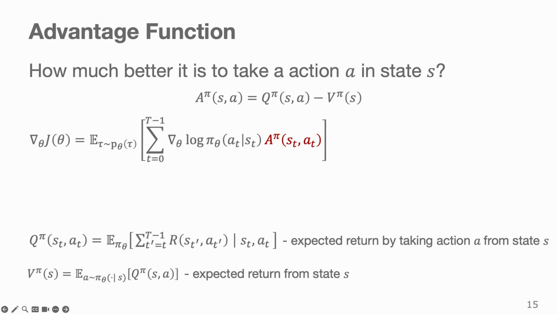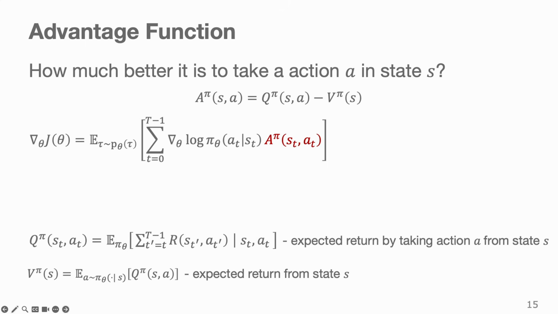So now that we have realized it, if we combine this with our baseline idea, we get what is called the advantage function, A of pi of S, A. So what is this actually doing?